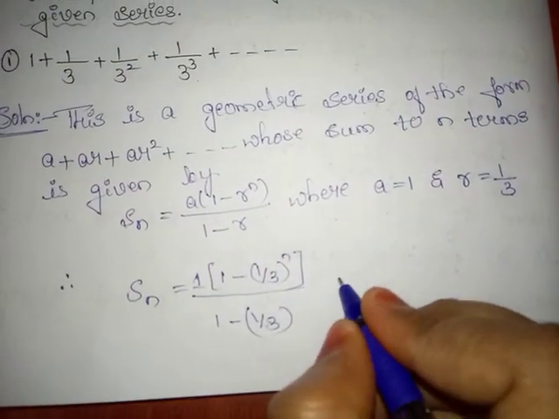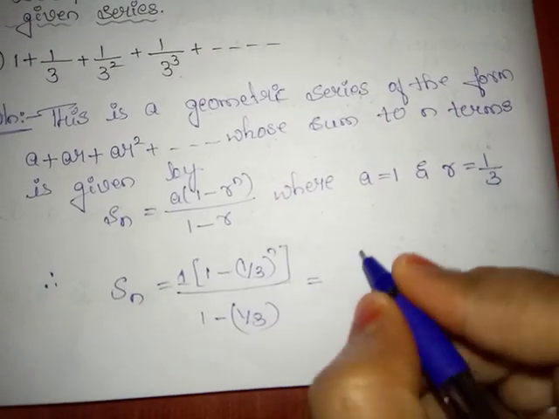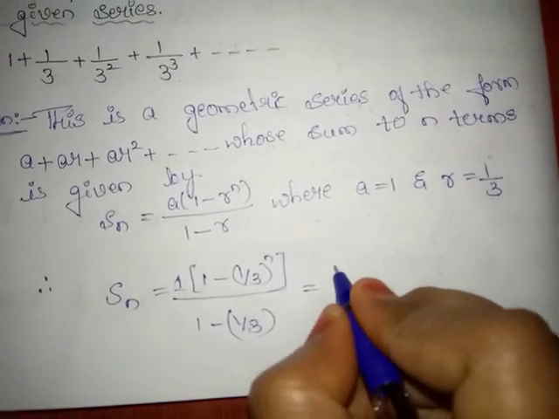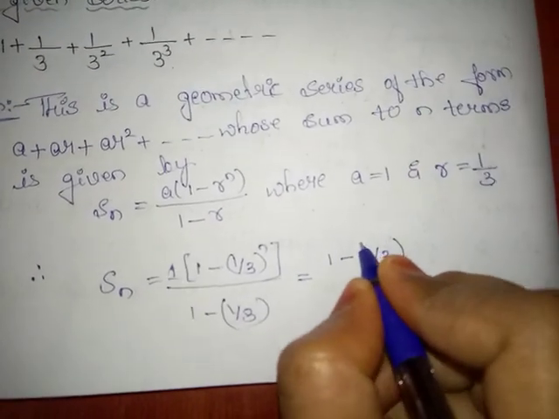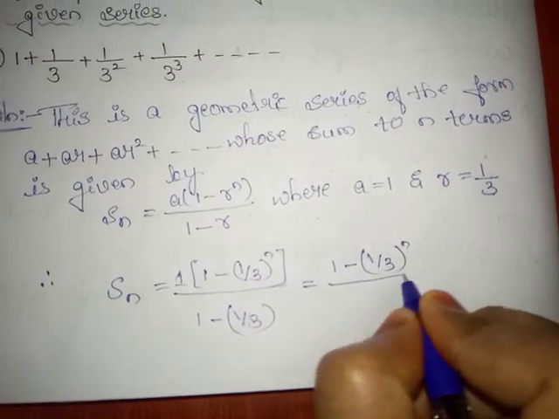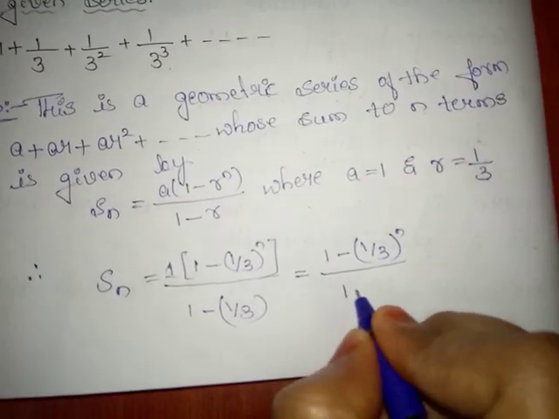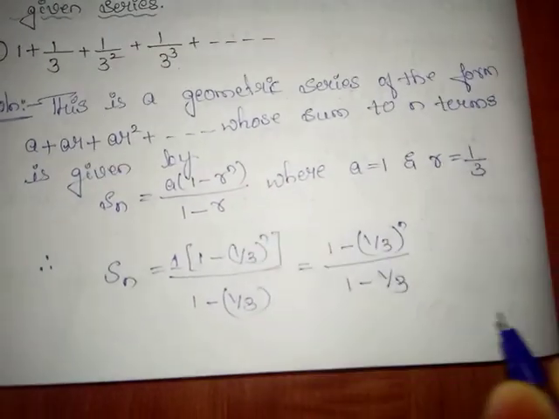I will solve this one. It will be 1 minus 1 by 3 whole raised to n divided by 1 minus 1 by 3.